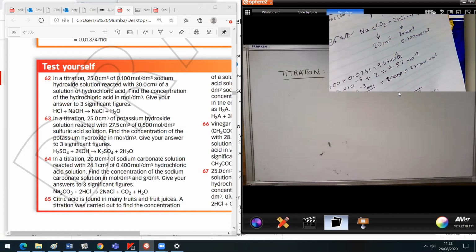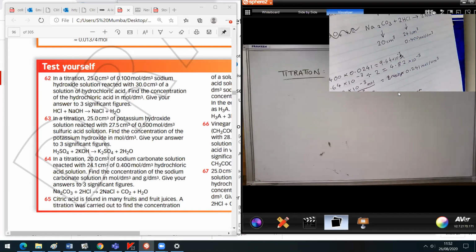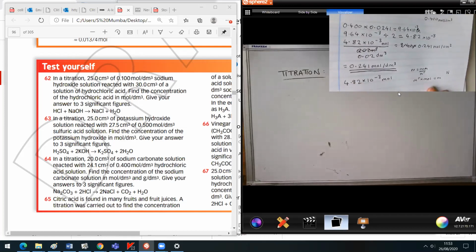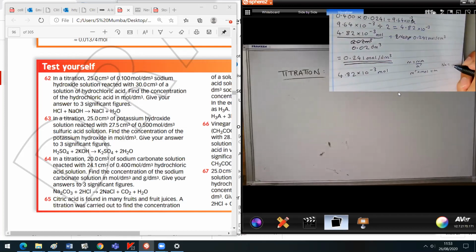So our relative formula mass of sodium carbonate. Good stuff. The sodium's 23. Yeah. Good. That's much better. Excellent. 23, and then our carbon, I think it's 12. Well done. And then our oxygen is 16.